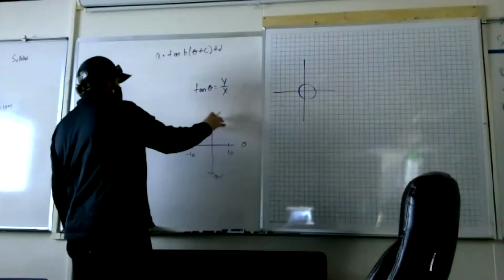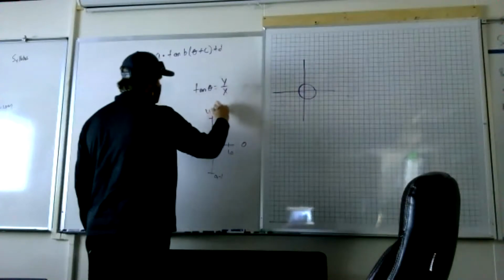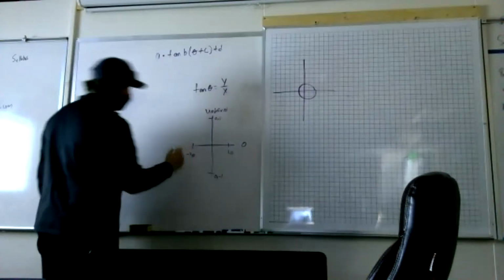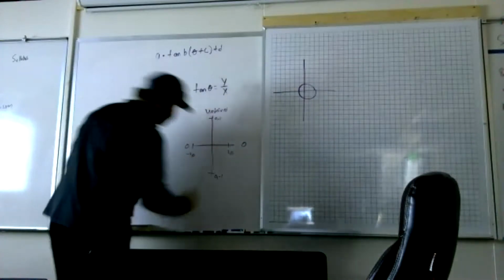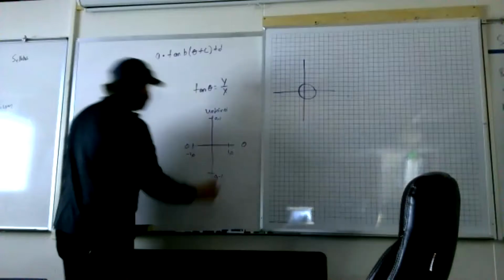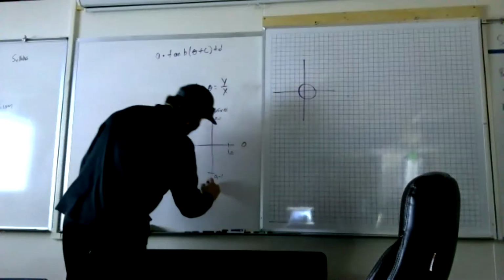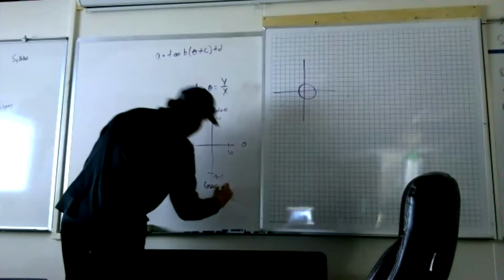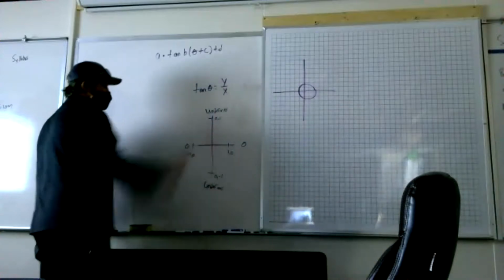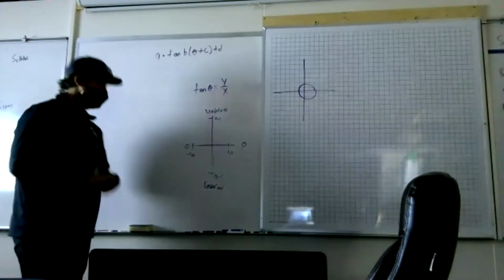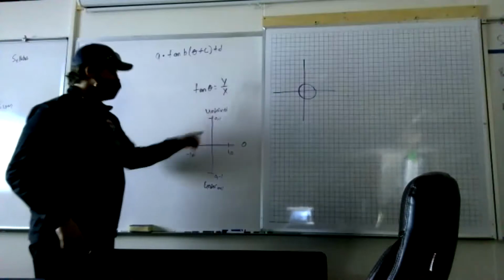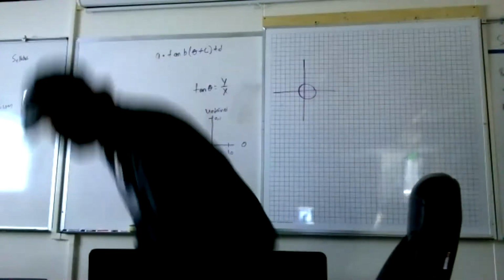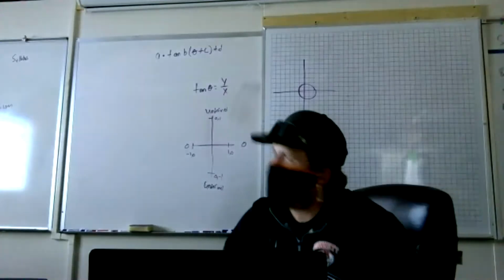But here, it's 1 over 0, so it's undefined. This is also 0. And at the bottom of the y-axis, y over x gives you undefined. Anytime the tangent function is at 90 or 270 degrees, you hit an undefined point, and that is where you have your asymptotes. But there are no other limits to the range.